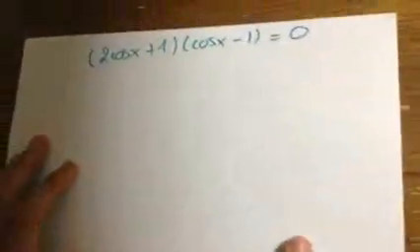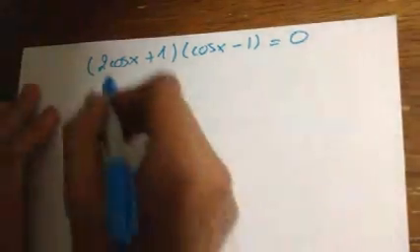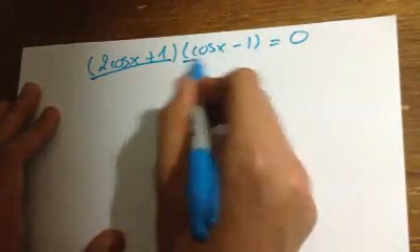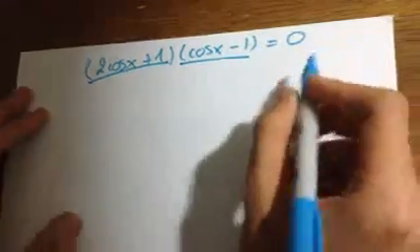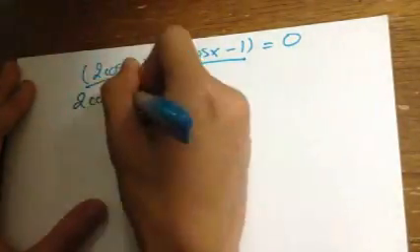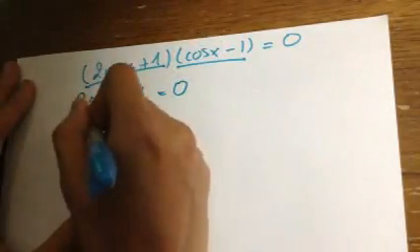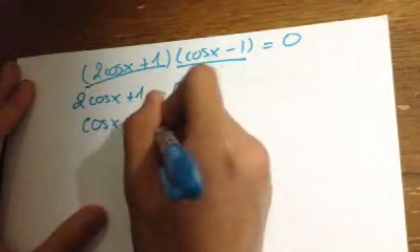Okay, we see this one and this one multiplied will become 0, so we can take each out. We have 2 cosine of x plus 1 equals 0, and cosine of x minus 1 equals 0.